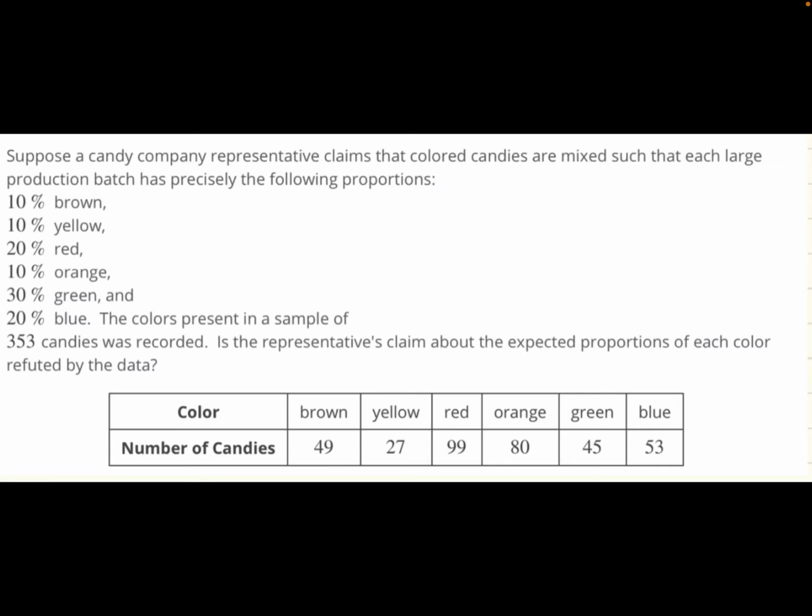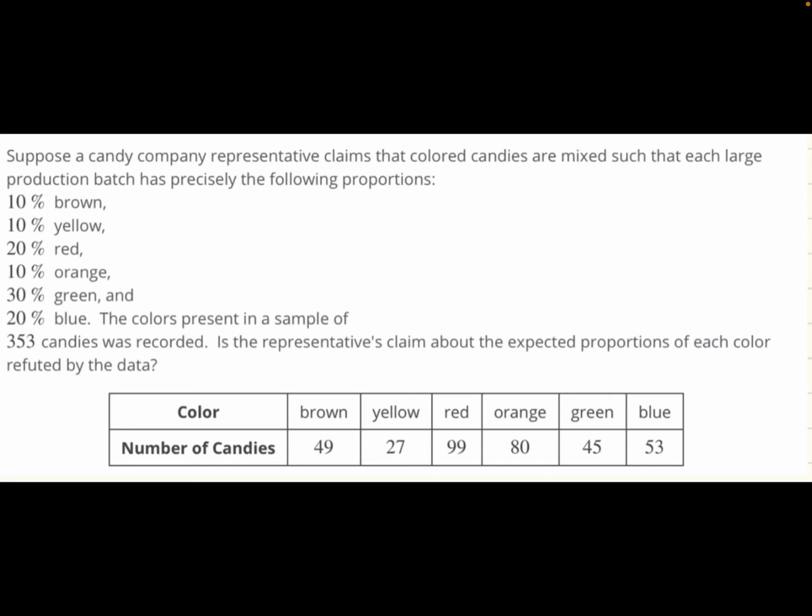The expected values: if we look, we had 353 candies. 10% of them we expect to be brown. So to one decimal place, that would be 35.3 candies should be brown. We tend to do our expected values to one decimal place.